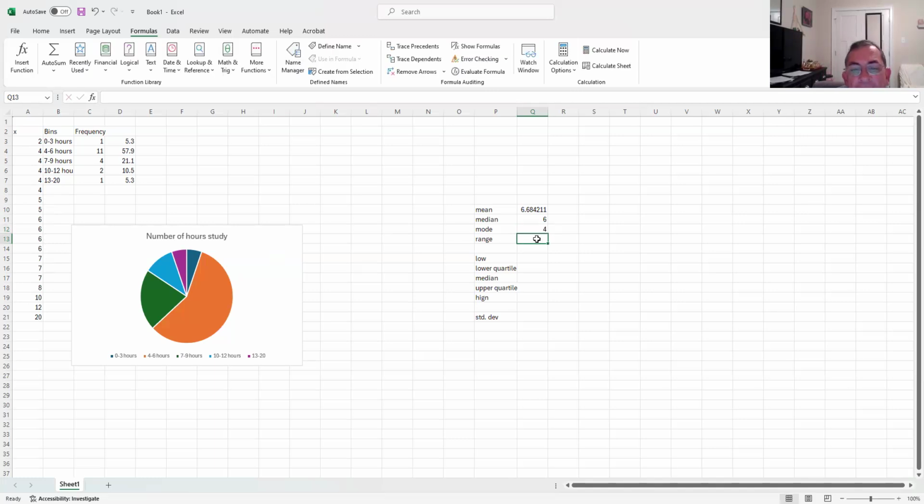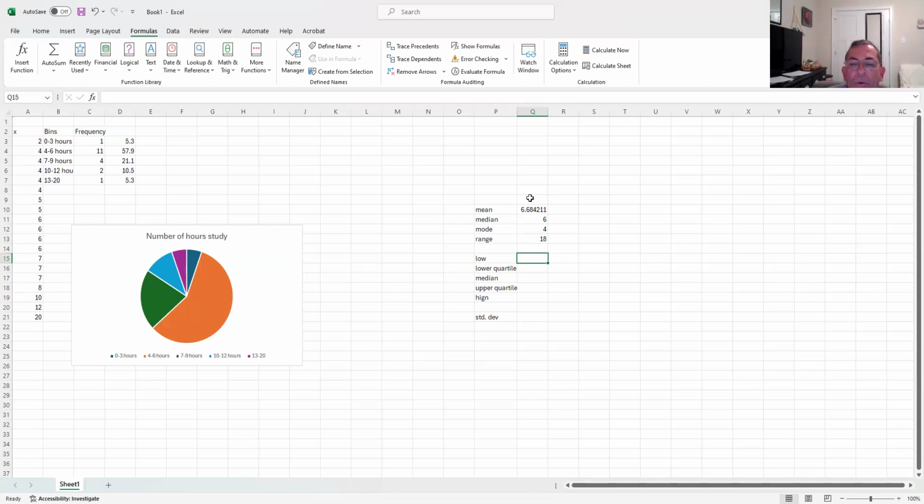And then the range. The range is the difference from your highest number, which is 20, minus your smallest number, which is 2. So my range would be 20 minus 2, which would be 18. So my data covers a range of 18 number places in between that 2 and that 20, okay?